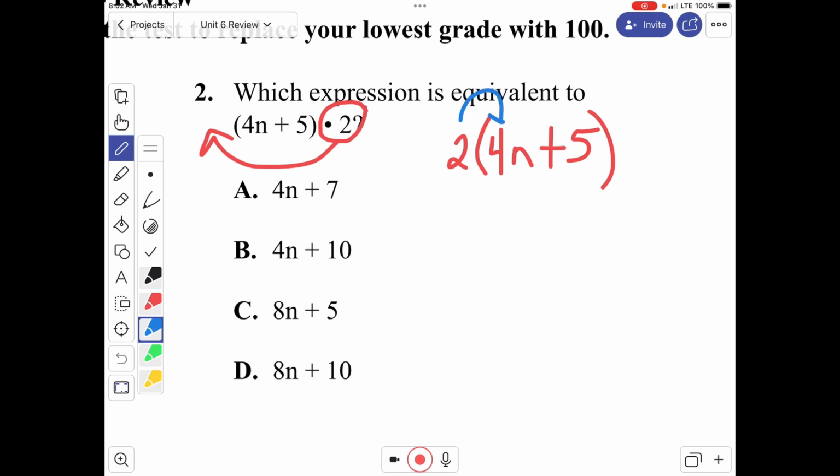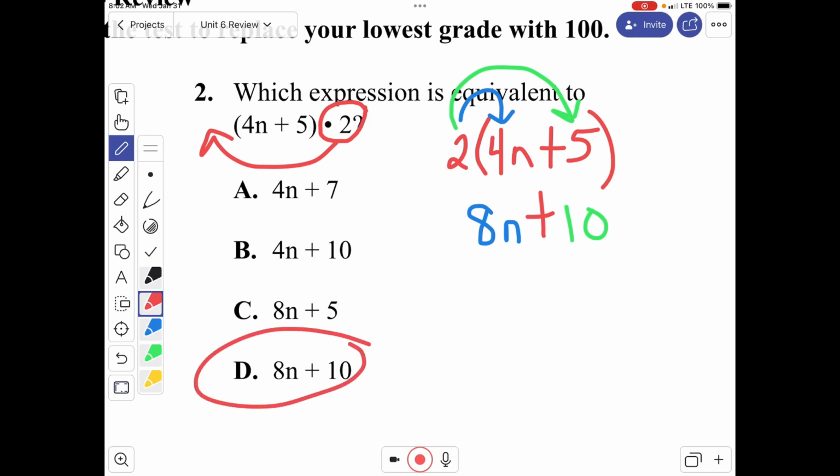So that means we multiply the number in front times the first number in the parentheses. 2 times 4 is 8, and don't forget the variable. And then 2 times 5 is 10, and then we put the sign in between. That would be answer choice D.